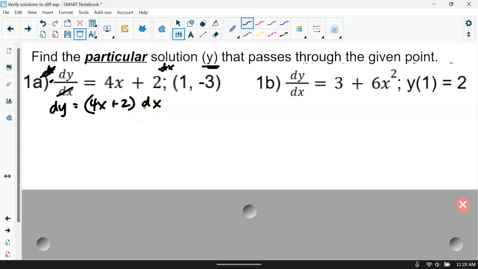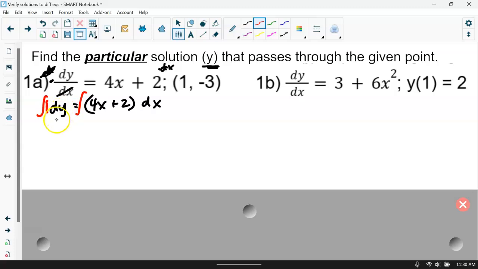The opposite of the derivative is the antiderivative, so we can find the integral of both sides. Keep in mind, this is not just dy, this is 1 with respect to y.